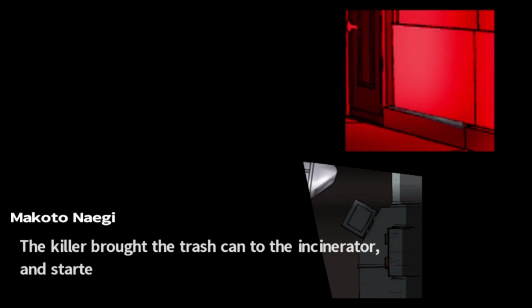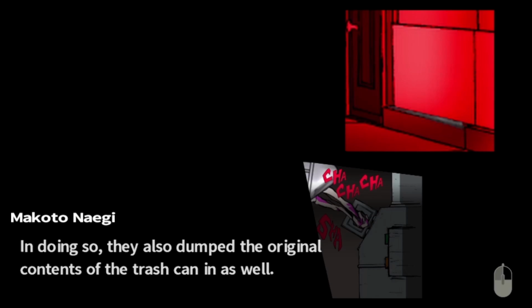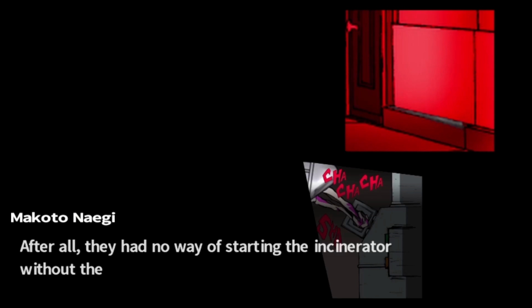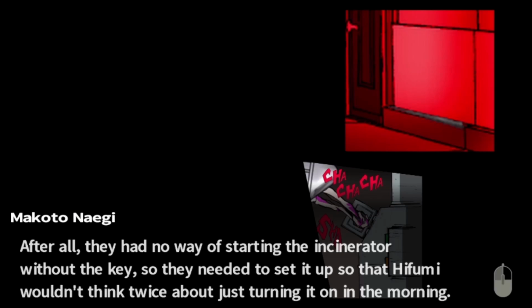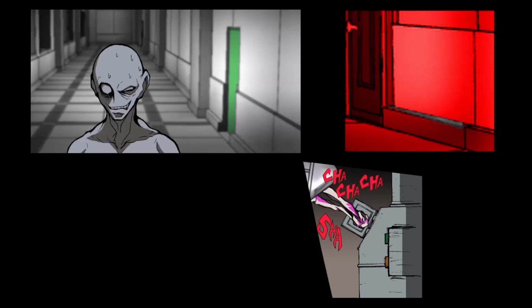The killer brought the trash can to the incinerator and started dumping evidence inside. In doing so, they also dumped the original contents of the trash can in as well. After all, they had no way of starting the incinerator without the key, so they needed to set it up so that Hifumi wouldn't think twice about just turning it on in the morning.